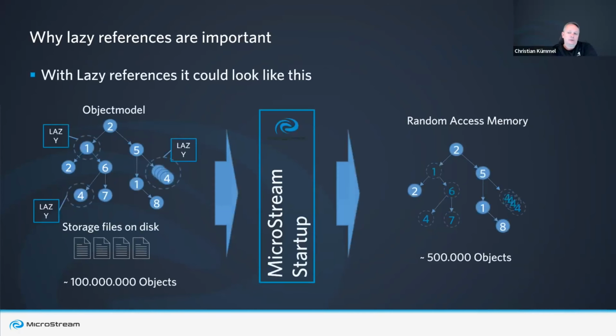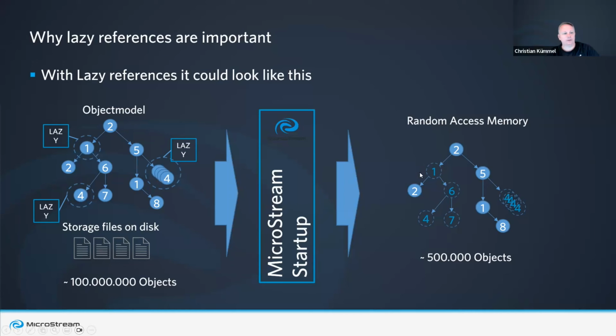This is what it could look like when we add some lazy references. Lazy references are not a type of object, it's more like a lazy wrapper. We will see that later on. When we have a lazy reference here, this whole graph of data will stay on the hard disk.